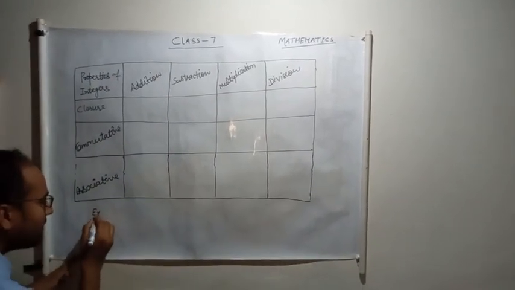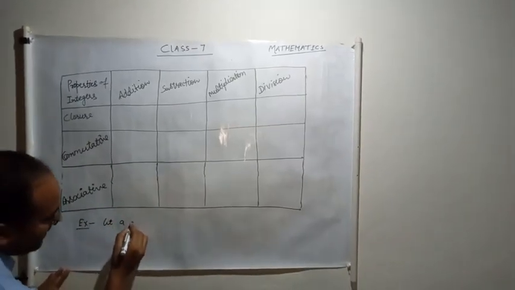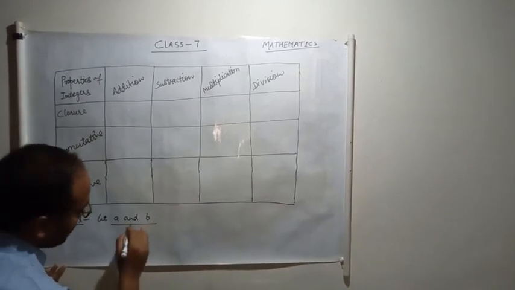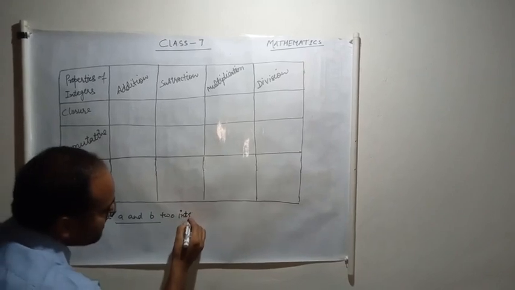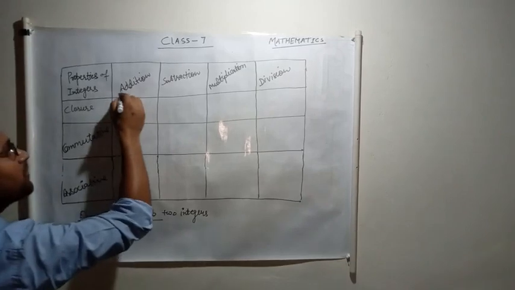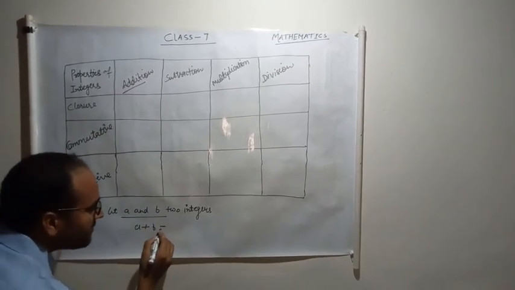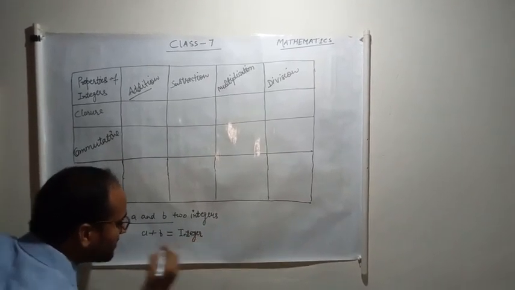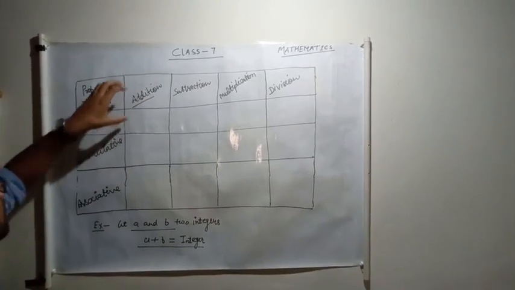For example, let a and b be two integers. If we add a plus b, I am talking about addition, then we get another integer. Then we say that closure property holds for addition.